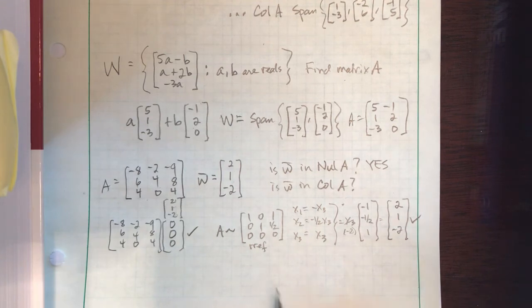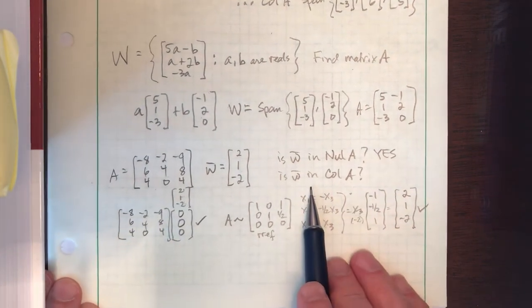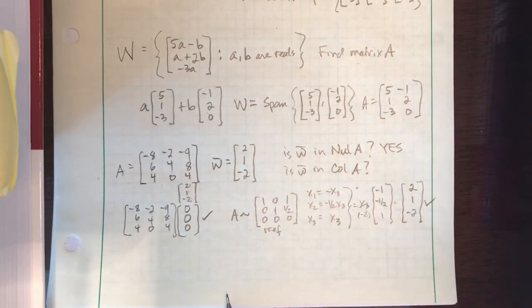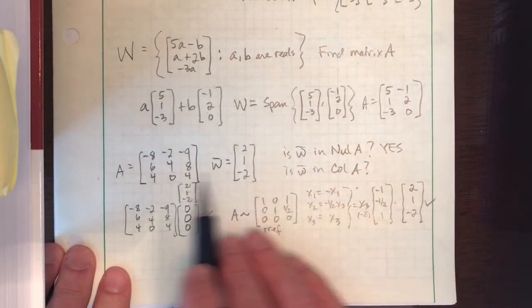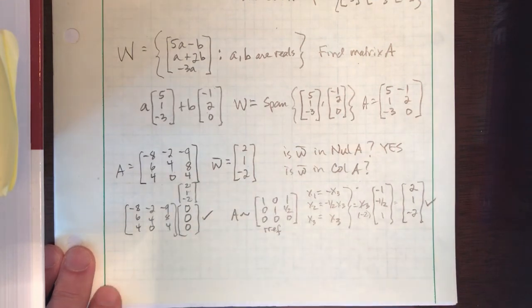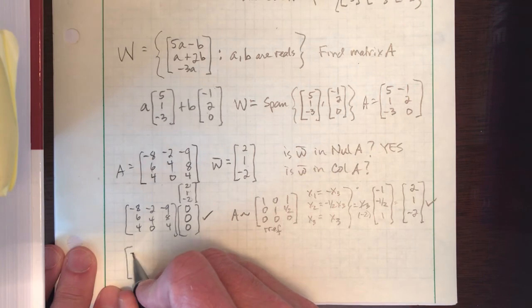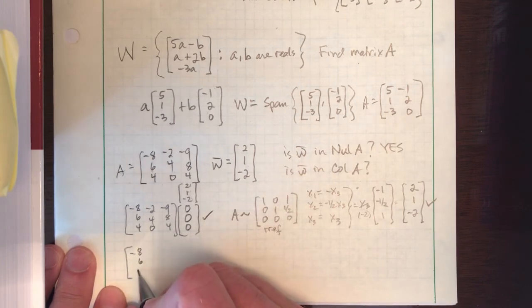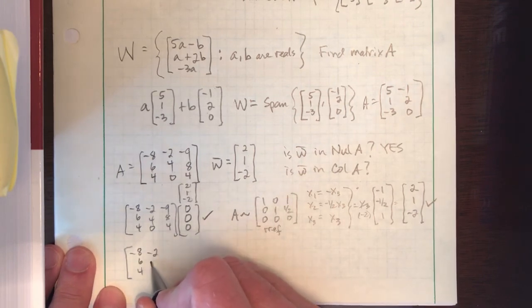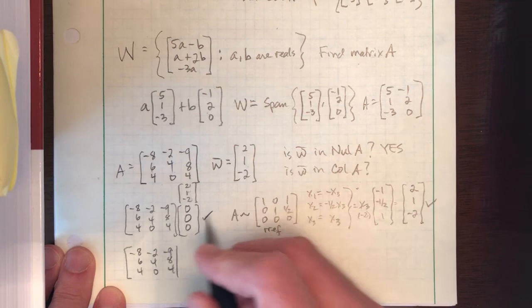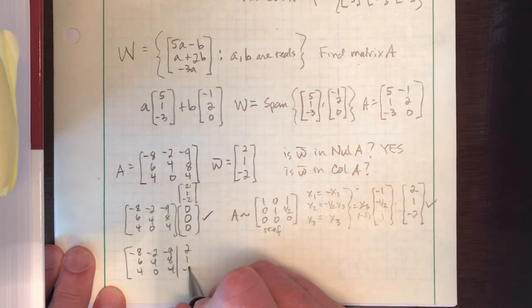All right. The second question: is W in the column space of A? What is that asking? Is W a linear combination of those 3 column vectors? And that takes me back to setting up an augmented matrix with A to the left, augmented with my target vector, (2, 1, -2).